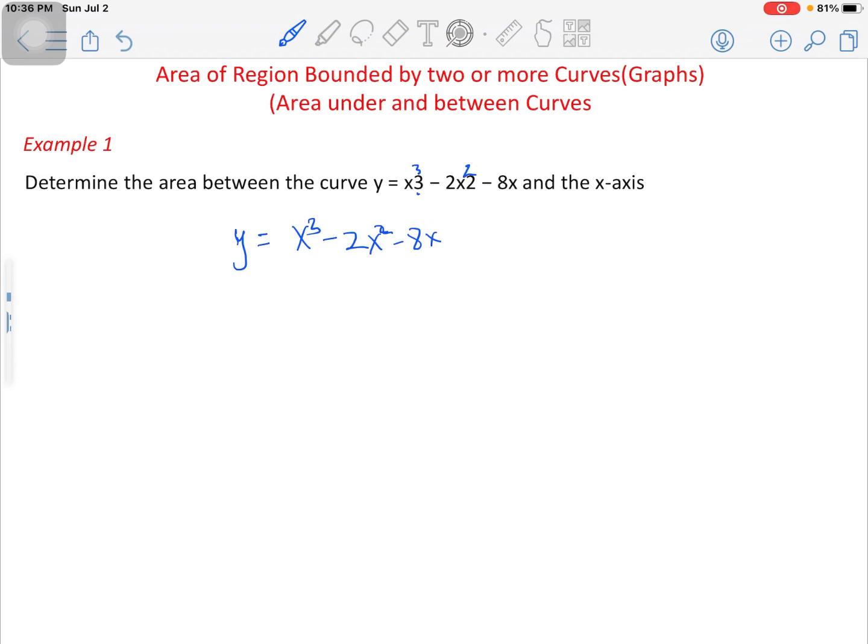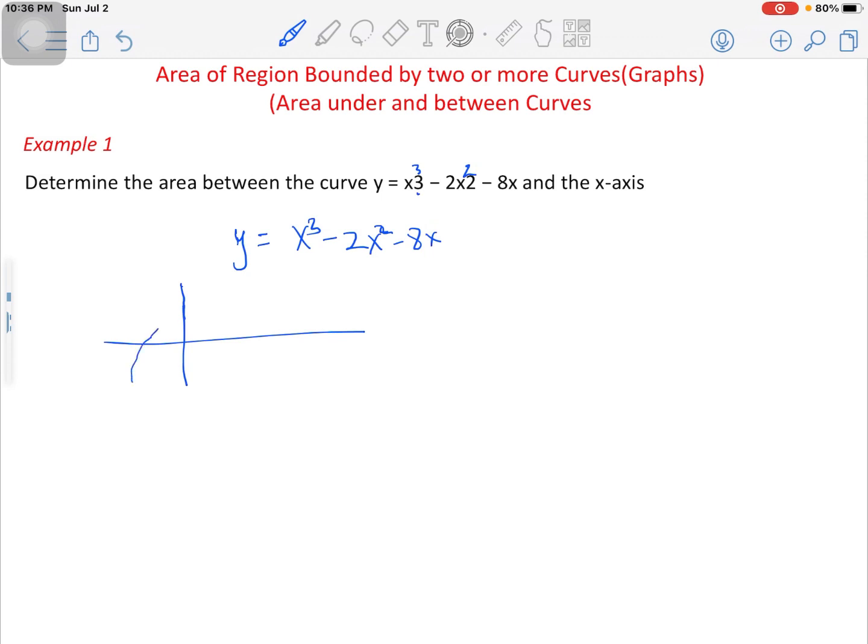So before we'll be able to draw out the graph, what we need to do is to find the roots of this function. The roots are going to be the values of x, right? So when you did your calculus 1 well, the roots are the points where the graph cuts the x-axis.